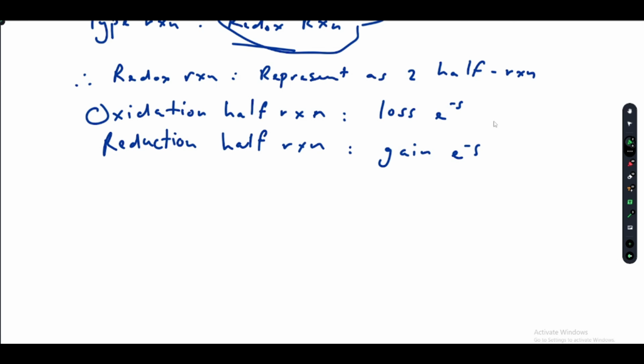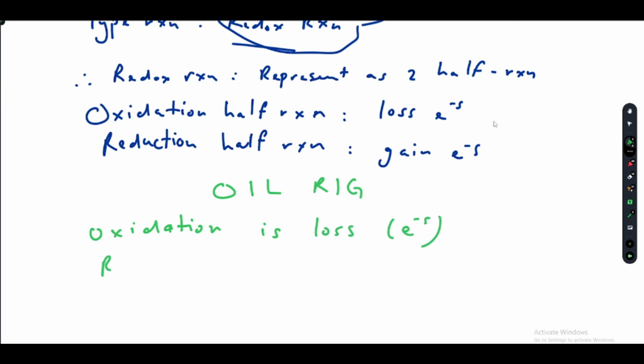We use this acronym, OIL RIG, to memorize this. So according to the acronym, oxidation is loss of electrons and reduction is a gain of electrons.